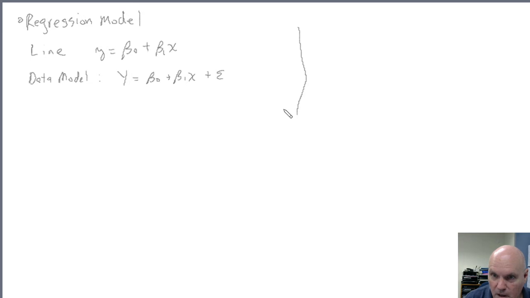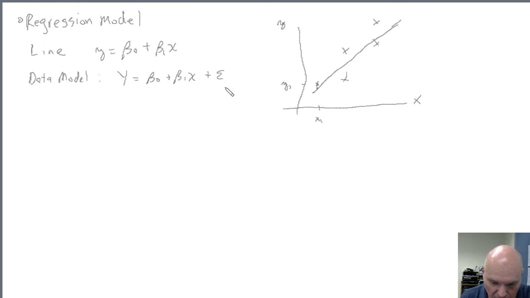So in our scatter plot, where this is x and this is y, and we've got some points here, and we get our regression line, and we'll see how to calculate the parameters of this line in a future lecture. But here, if we call this x1 and this y1, similarly this point would be x2 and y2, then the vertical distance between y1 and the line is our epsilon 1 value.